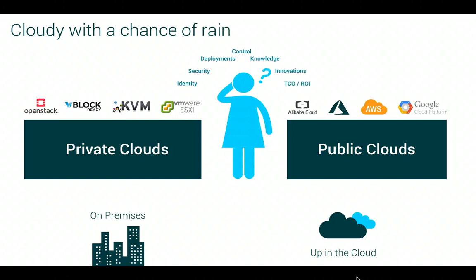So how do I manage my users, and is everything going to be secure, and how do I basically maintain the fundamental security of my data between my on-premises or service provider cloud and that of the hyperscalers? Consistent deployments, how do I make things operationally clean and quick and automated? Control across both areas, visibility across all of my clouds, making sure that my team and my IT operation has the right knowledge to succeed.